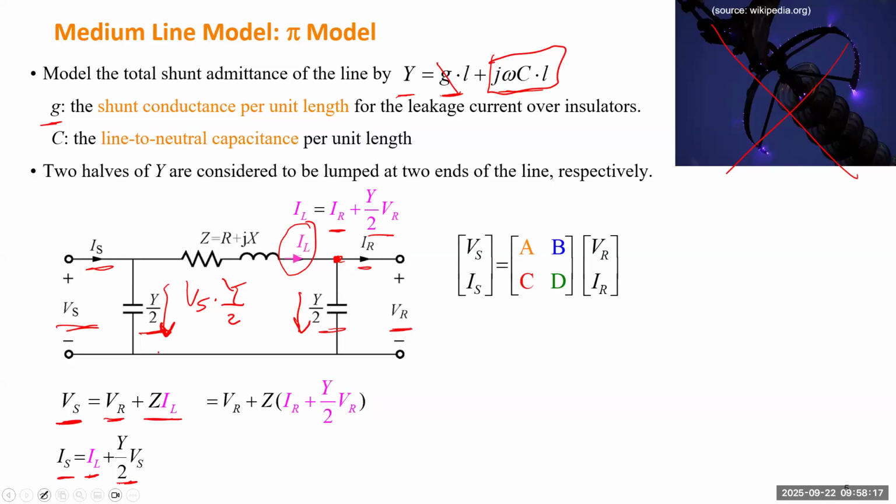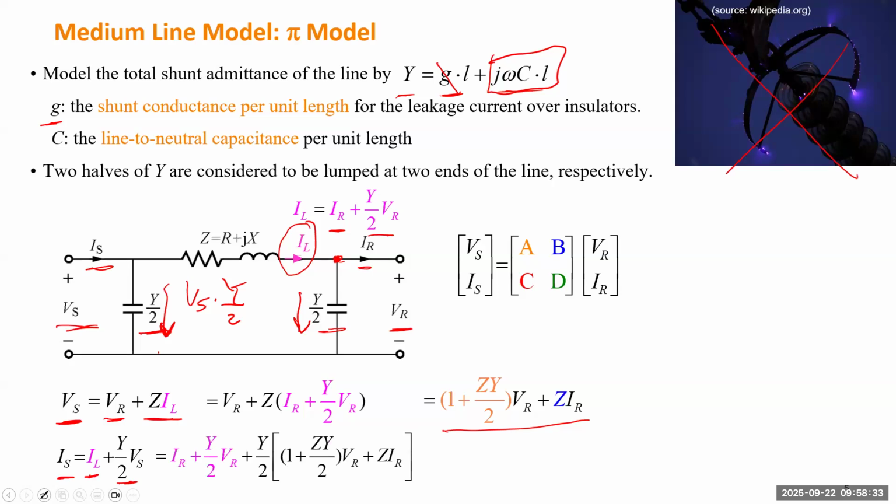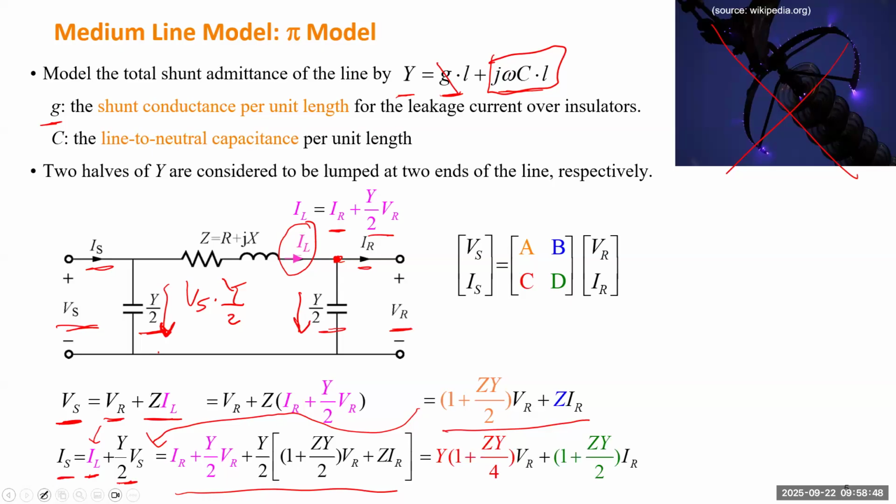So we get the first formula, then do some simplification, and we have the equation for the source voltage. For the second equation, to calculate the source current, we plug in the formula for the line current and also the formula for the source voltage. So we get this one, and after some simplification, we have this one.